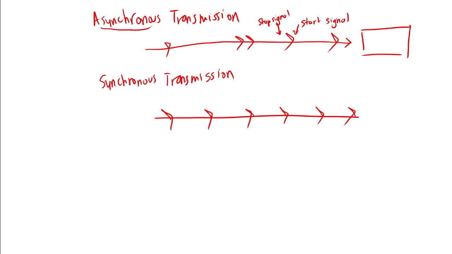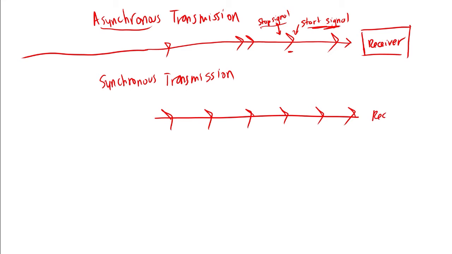He's not necessarily listening to my data line. So I gotta send him the start signal to be like, hey, wake up, some data's coming. Then he starts paying attention and he reads the data. And then I gotta tell him that's the end, because he doesn't know how much data I'm sending. He just heard, hey, there's some data coming.